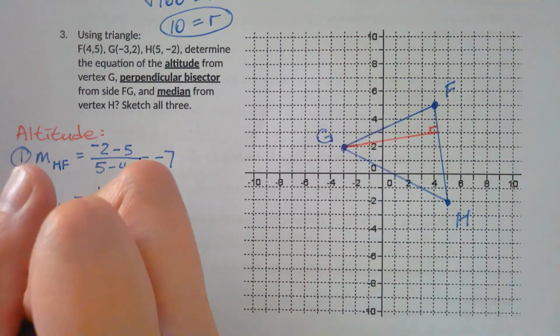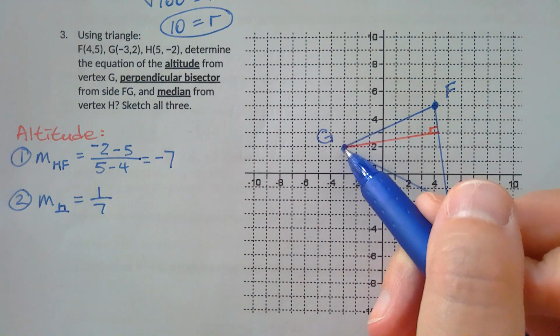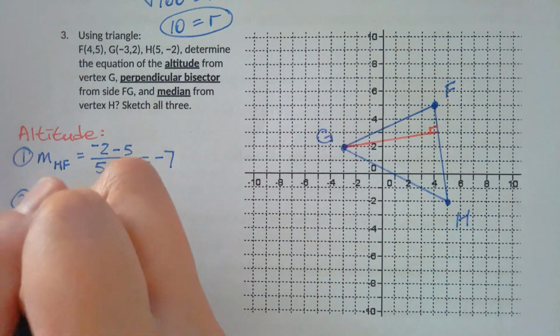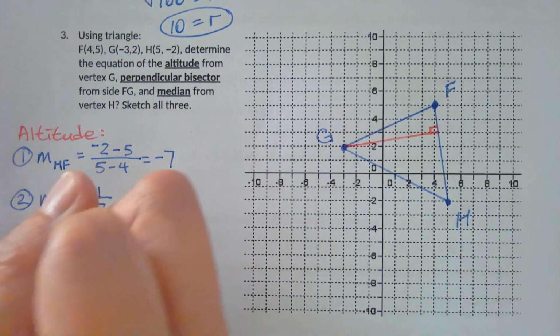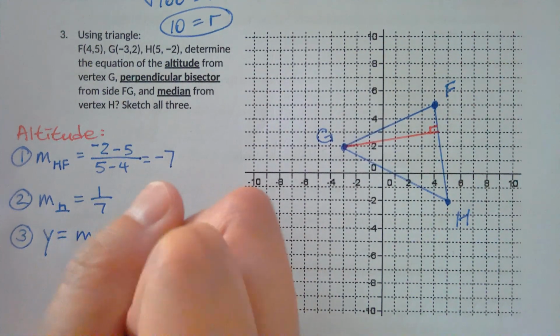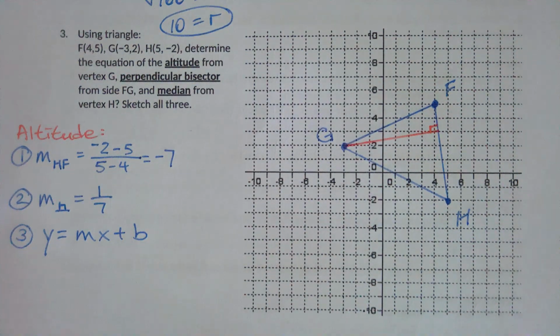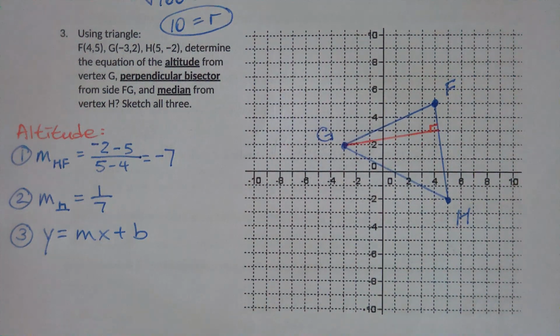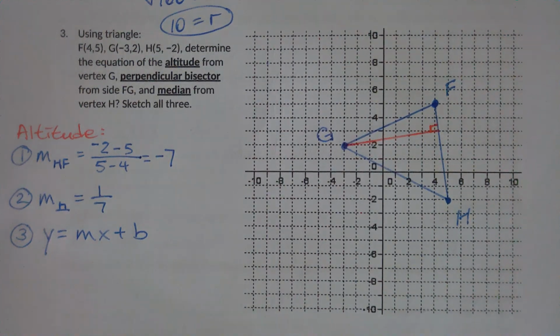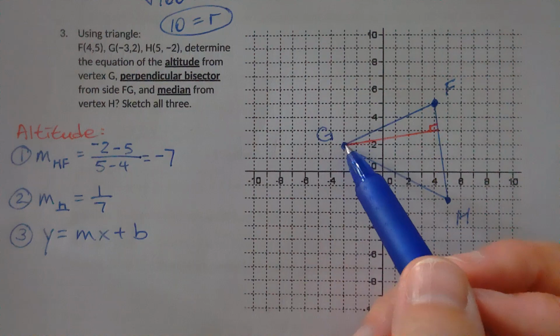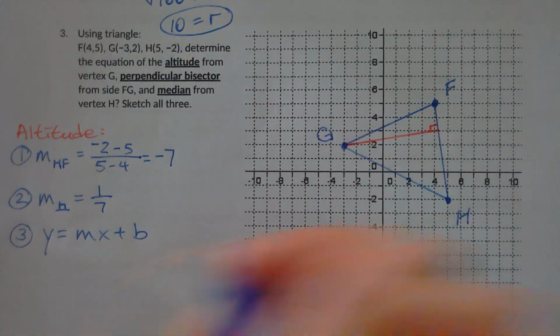Now I have the slope, I have a point, I'm going to substitute it into y equals mx plus b. Which point do I have to use when I substitute? I'm finding the equation of the red line. Ethan, point G, because that's the only point on the red line, so I have to use that point.